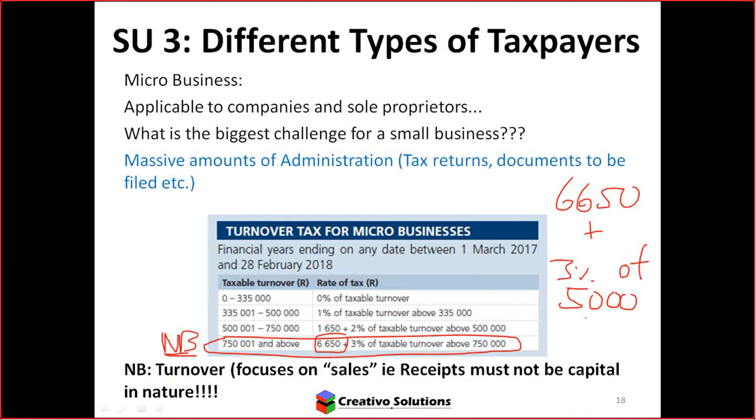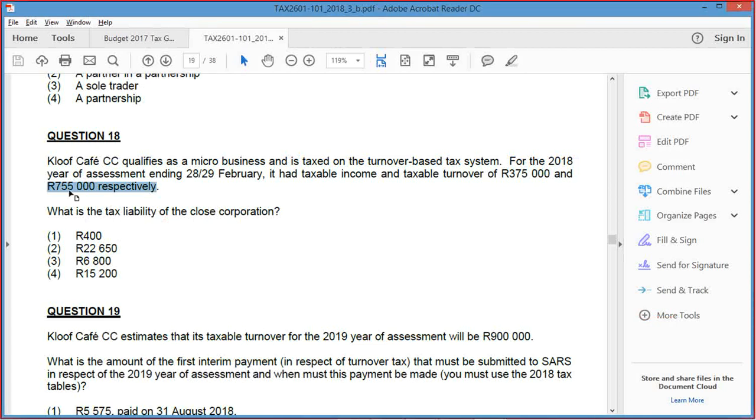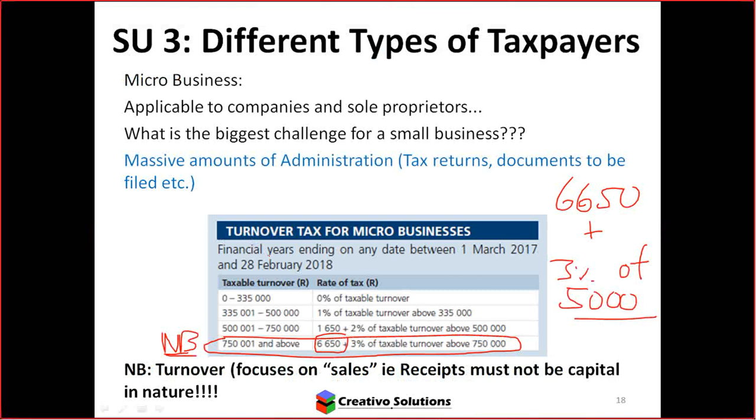So what do you do? You minus the 755,000, you minus 750,000, and you times that by 3%. So the percentage works on the excess. It is 100% the excess, correct?